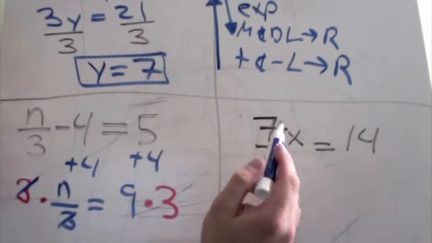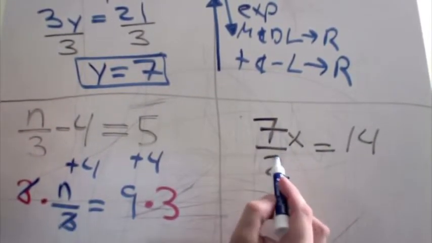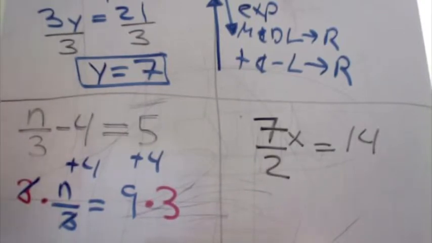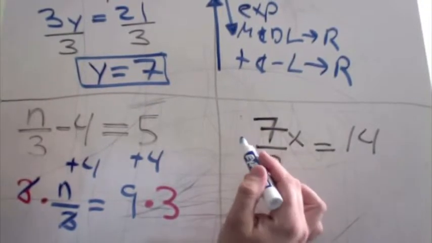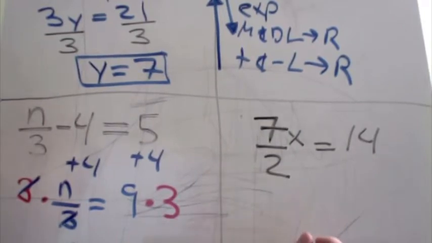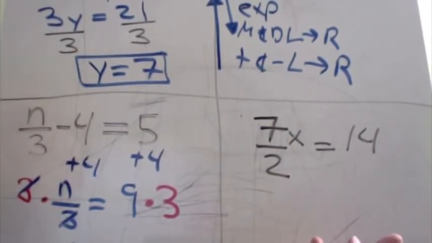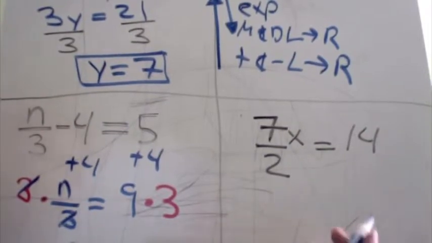Okay, now let's work with this one. In this one, I see that I'm multiplying by 7 and dividing by 2, and I need to get rid of the multiplication and the division together. Well, I could do one at a time, which is pretty common. People multiply both sides of the equation by 2, then divide both sides by 7. That's fine. There's a really quick way of doing this called reciprocals.